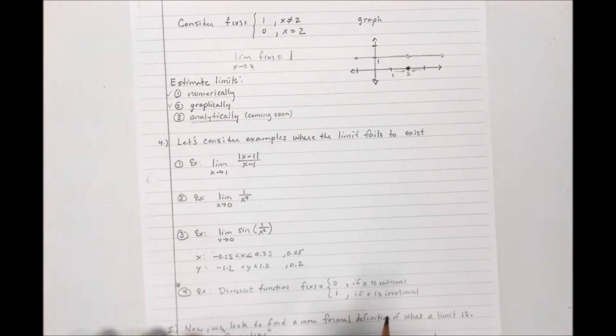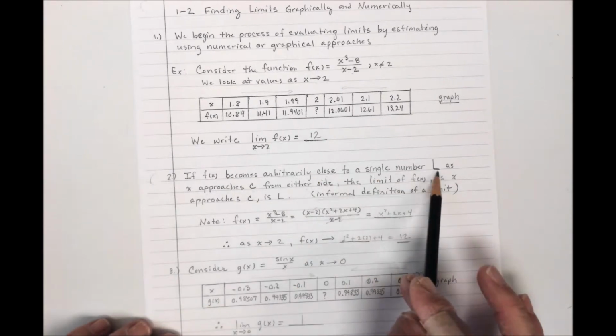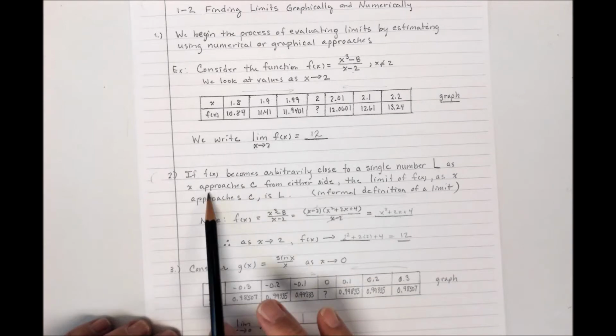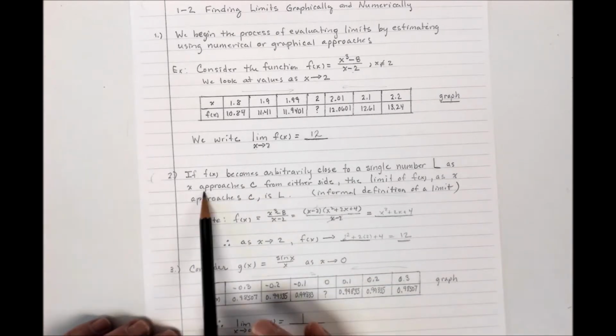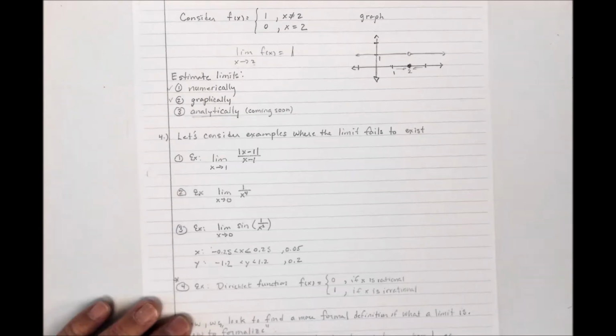All right, now those are all limits that existed. Let's see what happens when limits don't exist. Remember, the informal definition is f of x becomes arbitrarily close to a single number, a single number, can't be more than 1, can't be unbounded as x approaches c from either side. Okay, so let's consider this guy here.